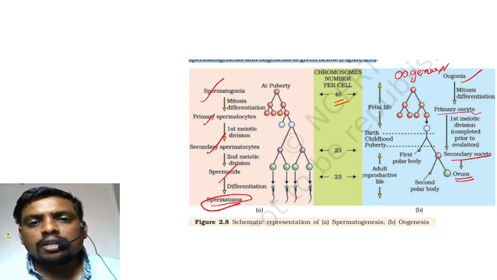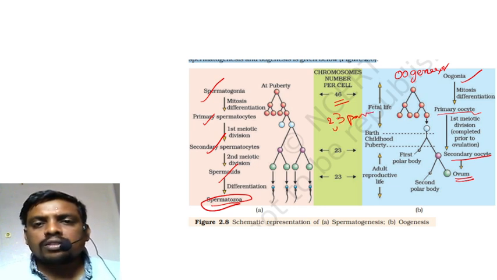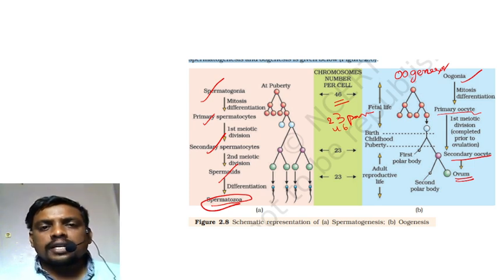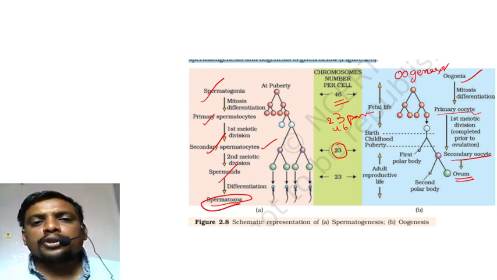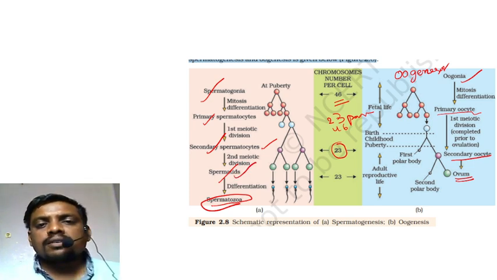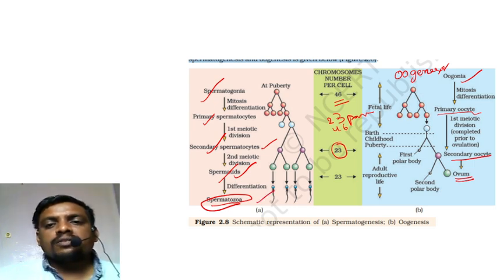Spermatogonia are diploid, having 46 chromosomes. Primary spermatocytes are diploid, having 23 pairs of chromosomes, that is 46 chromosomes. Secondary spermatocytes have only 23 chromosomes, which means they are haploid. Spermatids and spermatozoa are also haploid cells.